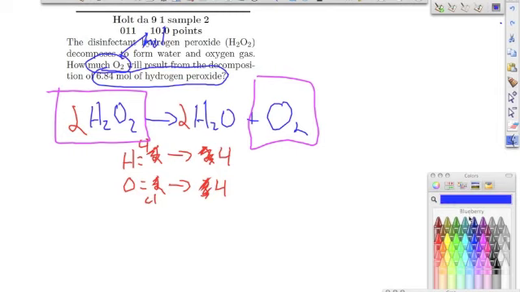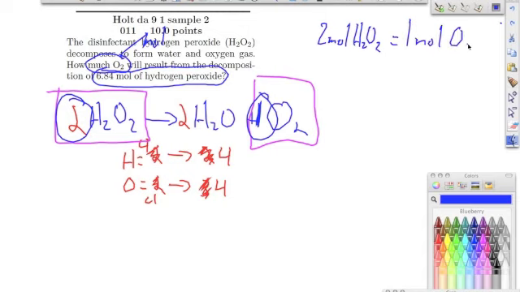The conversion factor that we always use in reaction stoichiometry is our mole ratio. And it comes from the coefficients in front. Okay, now oxygen doesn't have a coefficient, so it's understood to be 1. So what this means is that 2 moles of hydrogen peroxide equals 1 mole of O2.